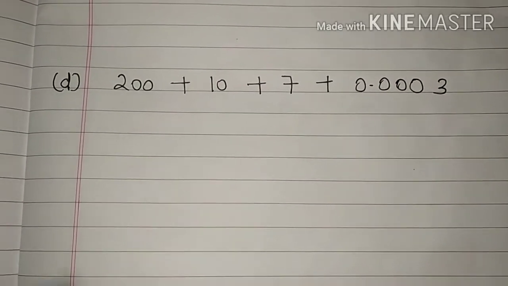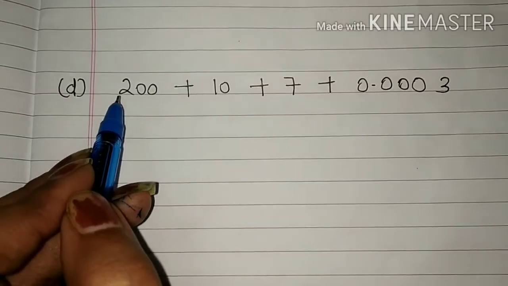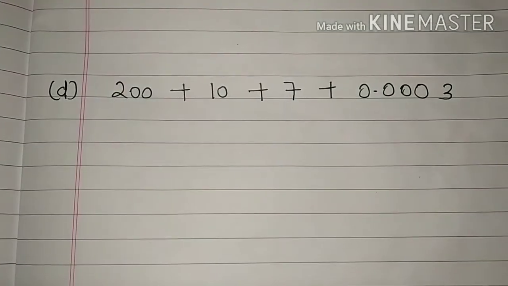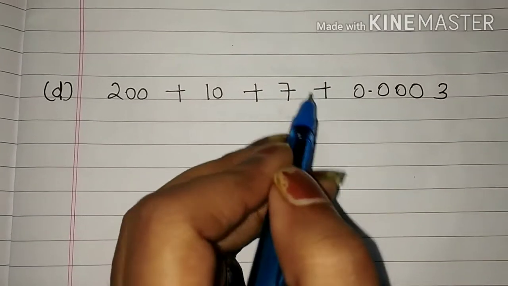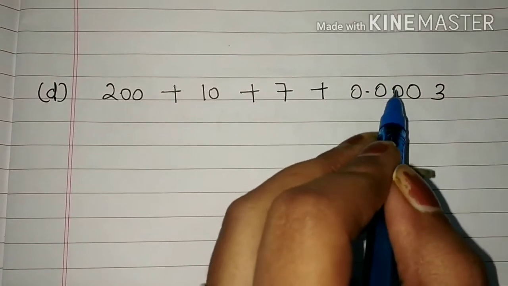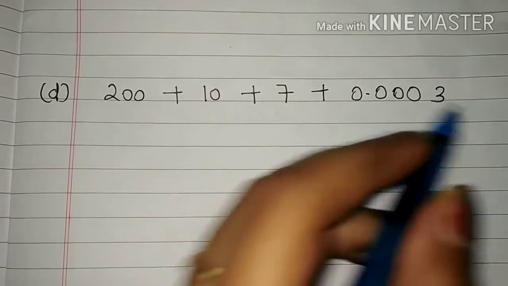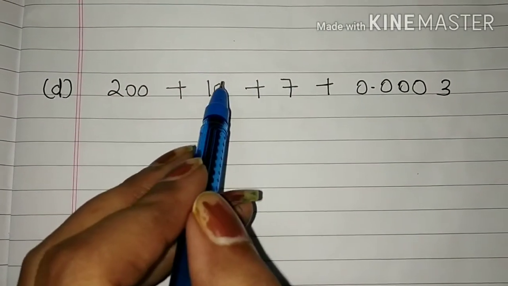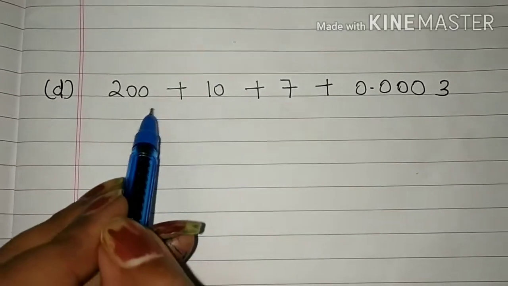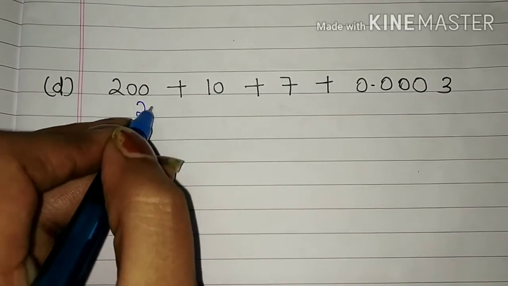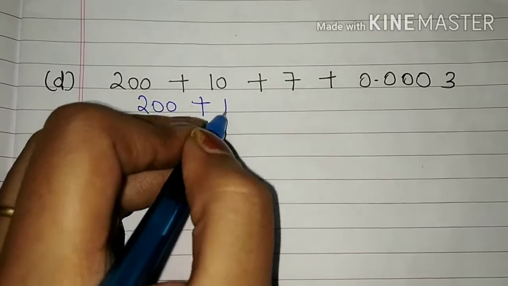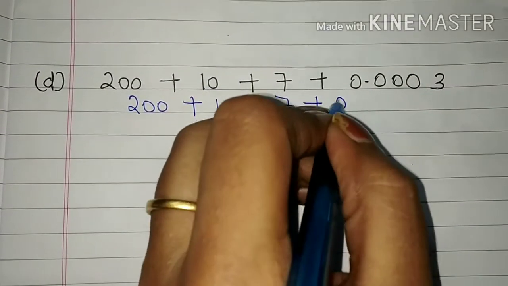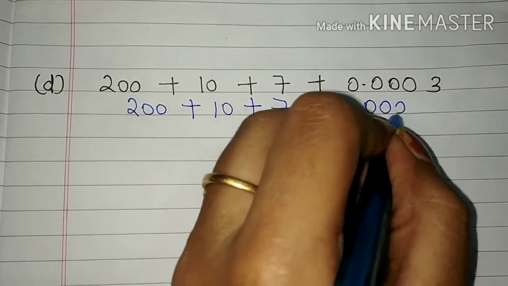Students, now come to D part. Question is 200 plus 10 plus 7 plus 0.0003. Students, now we will add the numbers. But first of all, we will copy down the question here. 200 plus 10 plus 7 plus 0.0003.